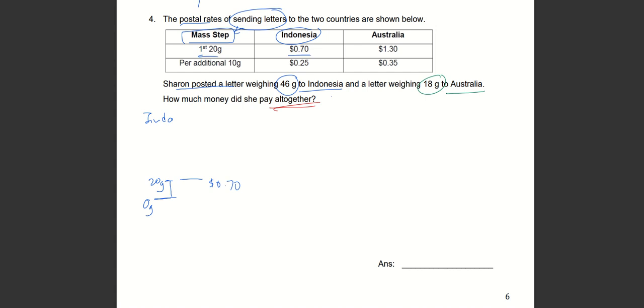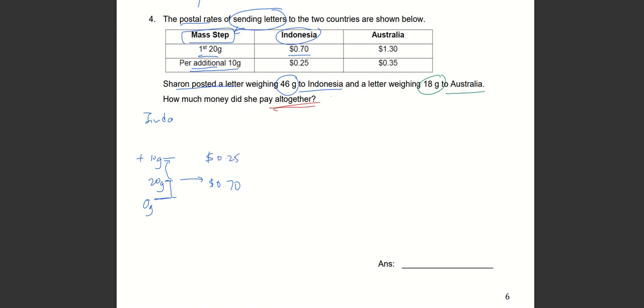Now, after that, for every 10 grams additional, it will be 25 cents. Meaning the next plus 10 grams, you will mean plus another 25 cents.